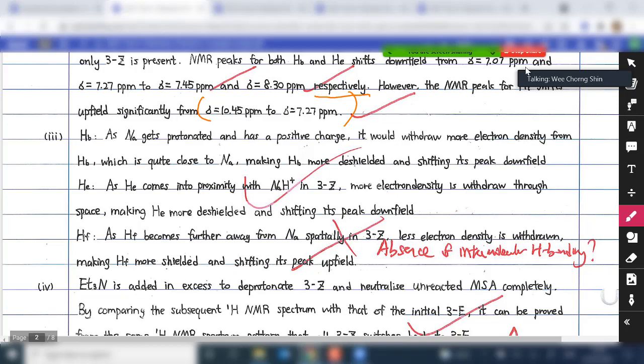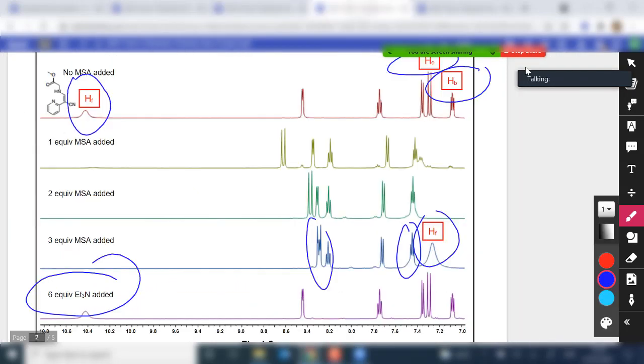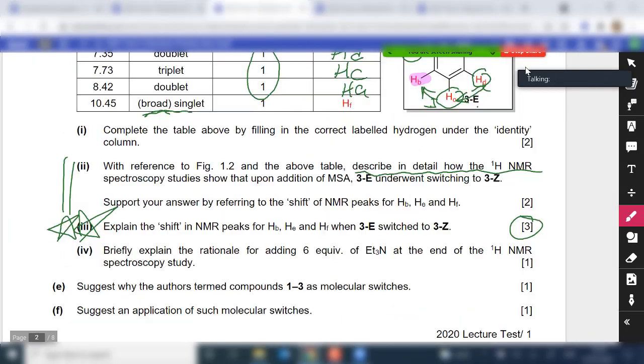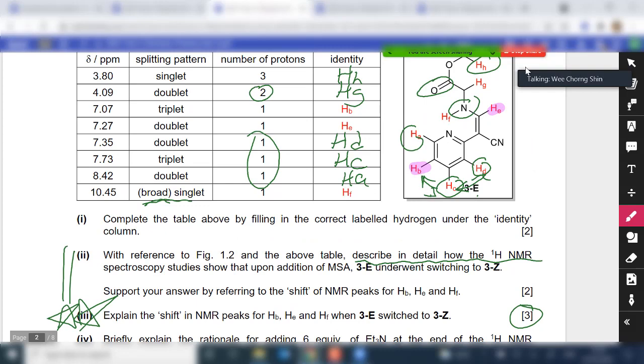Then of course, you can say that, oh, once protonation occurs, then your nitrogen. Okay, wait, where's the nitrogen? Okay. So once this is protonated, right, it actually becomes a stronger electron withdrawing group because once it's protonated, it gains a plus charge.